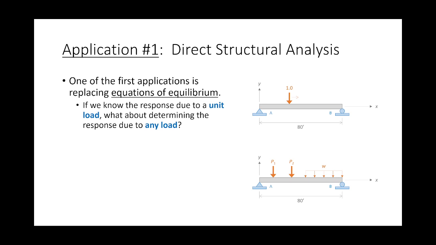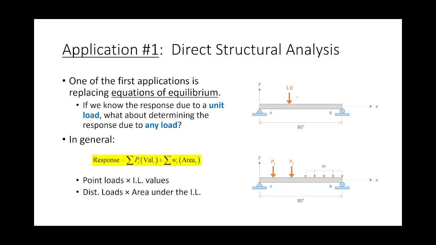I propose that if you have a problem where you've got point loads and distributed loads and so on, you can use the influence line to directly perform the structural analysis. The way that works is you take the point loads and multiply them times the correlated values on the influence line, and then you take the distributed loads and multiply them by the area under the influence line, and you add it all up.